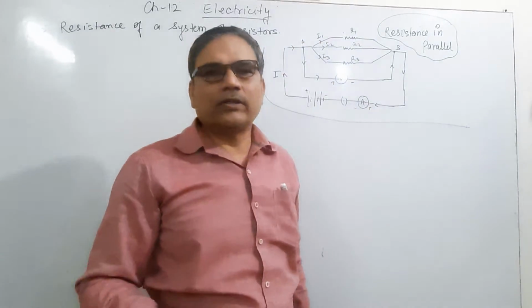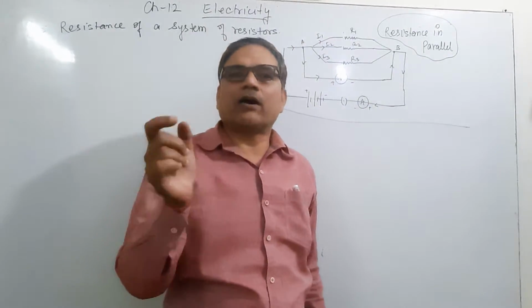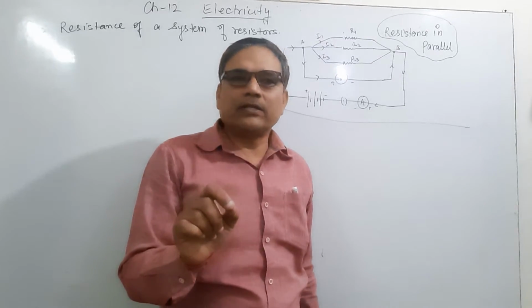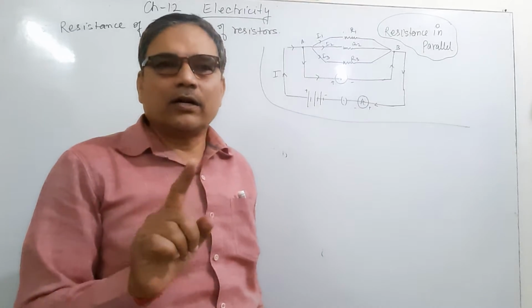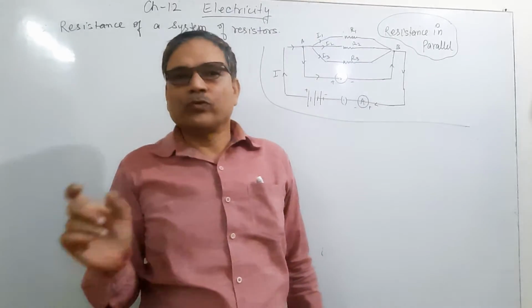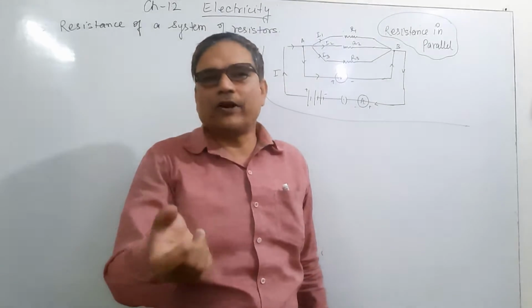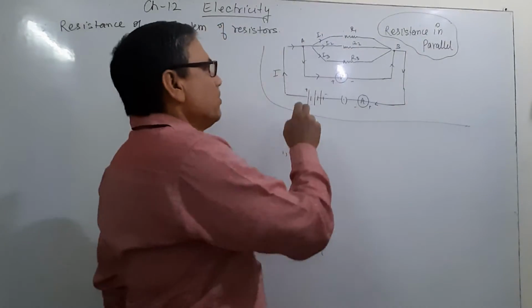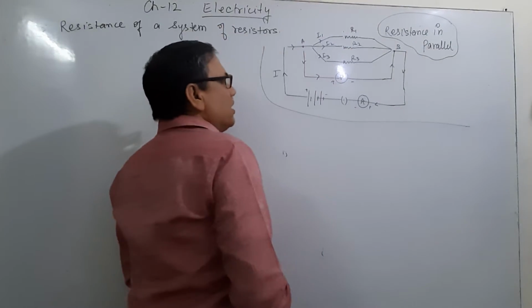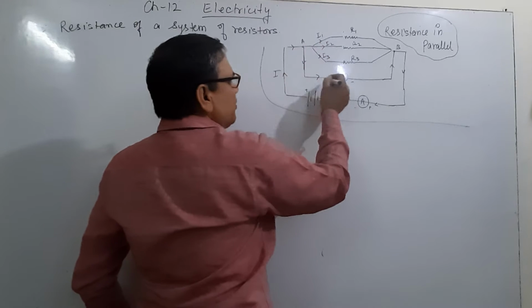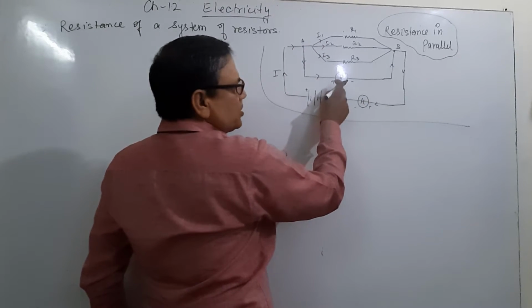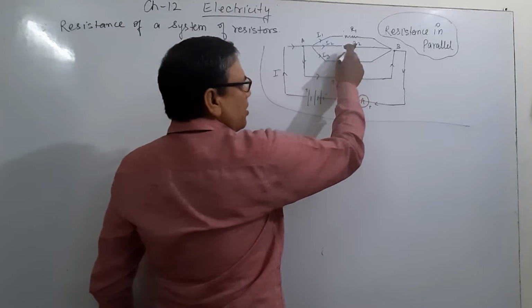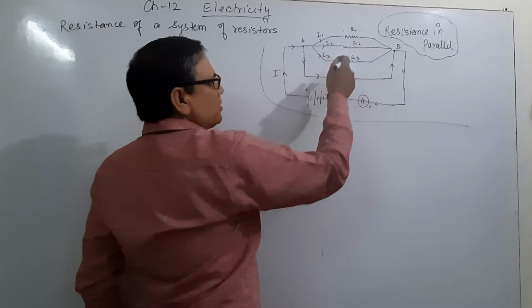We can say that the potential difference across parallel resistances will be the same for each individual resistance, whereas in series the potential difference is different for the different resistors. Why? Because they have common endpoints. The potential difference is the same, which is the same for R1, R2 and R3.